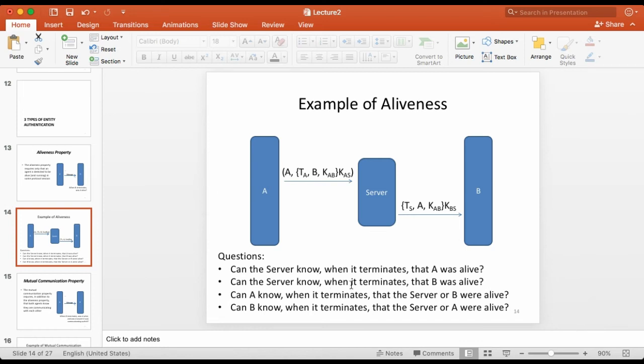Can it know that B was alive? Can A know when A terminates that either the server or B was alive? And finally, can B know when B terminates that either the server or A was alive? For any of these three entities, can it know that the other two were alive when it terminates?